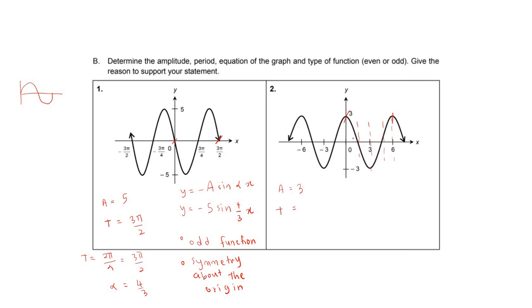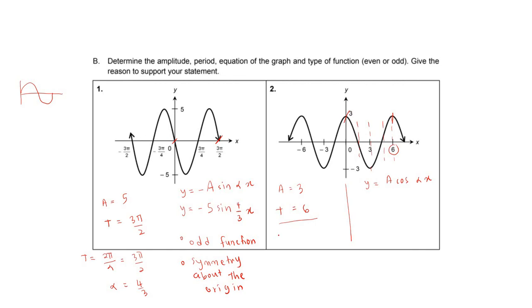Period. One complete cycle, the size is 6. Okay, and then by looking at the shape of the graph, we know that this is graph A cos alpha x. So we know that amplitude equals 3. We only need to find the value for alpha and we can get it from the period.